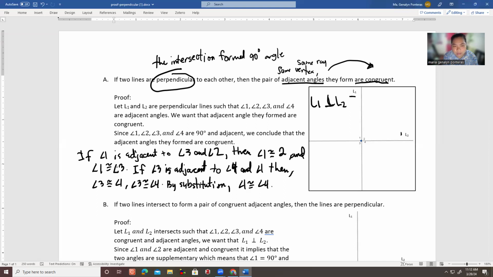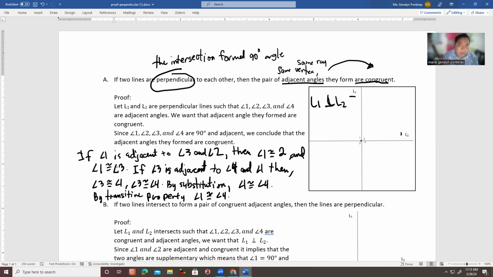By substitution, angle 1 is congruent to angle 4, or by transitive property, angle 1 is congruent to angle 4.